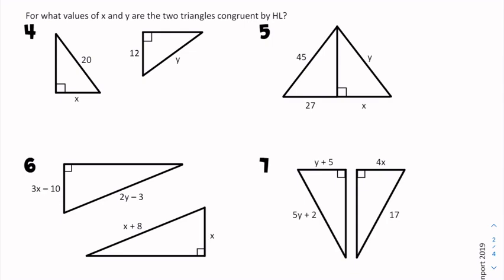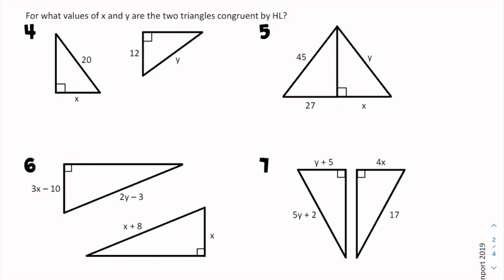Number 4. For what values of x and y are the two triangles congruent by HL? Okay, so looking at this one, we have one right triangle and a second right triangle, and they are telling us they're already congruent by HL. So we know the hypotenuses are congruent and the legs are congruent. So let's figure out what matches with what.